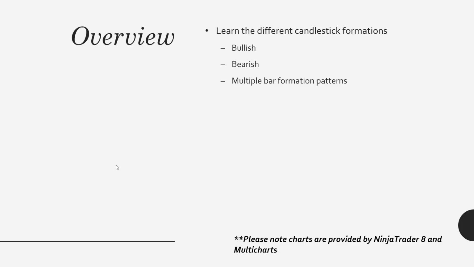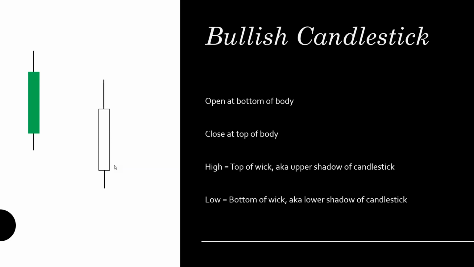Now, what is a bullish candlestick? A bullish candlestick on a chart can be represented either by a green candlestick or what we call a hollow candlestick. I want to actually show you that on this one, you can see that it's got a little straight line at the top and a straight line at the bottom. That is always called the wick.